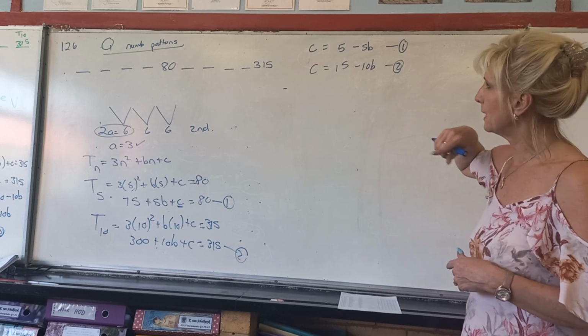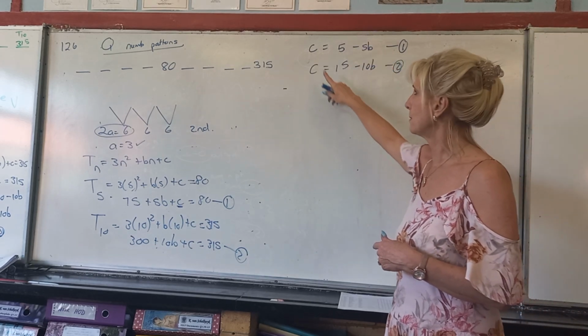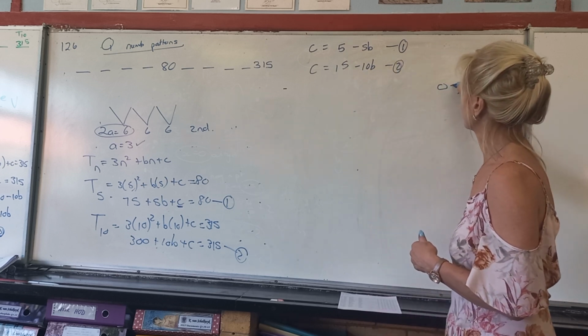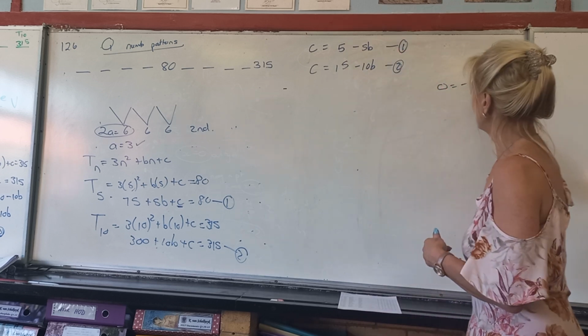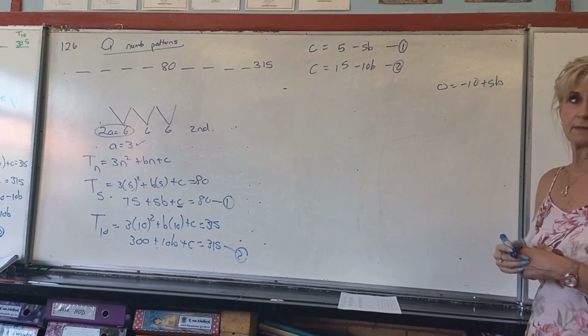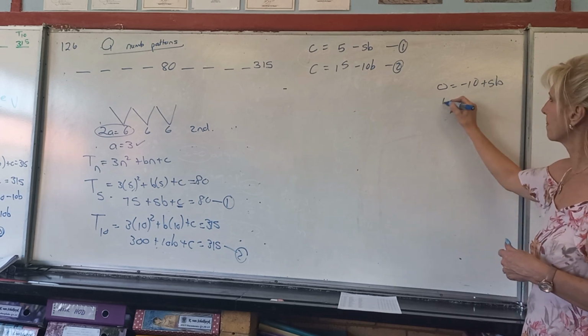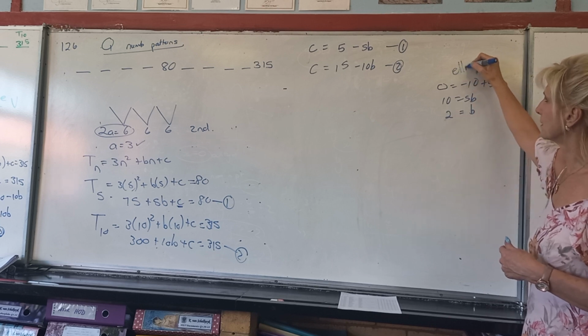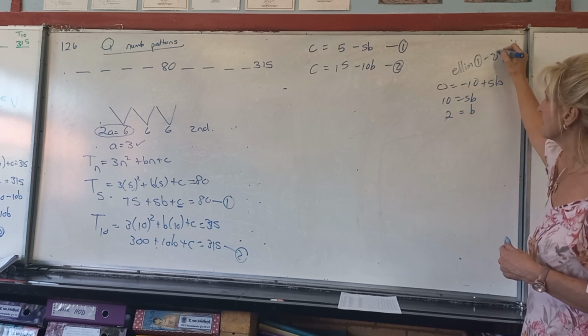If you wanted to eliminate, you'd subtract the top minus the bottom. That'll be 0. That'll be minus 10, and that'll be plus 5b. Solve for b. And b is equal to 2. That's elimination, when I say 1 minus 2.